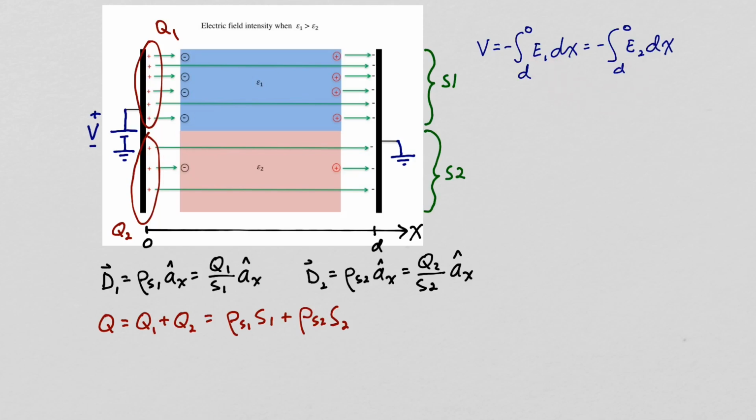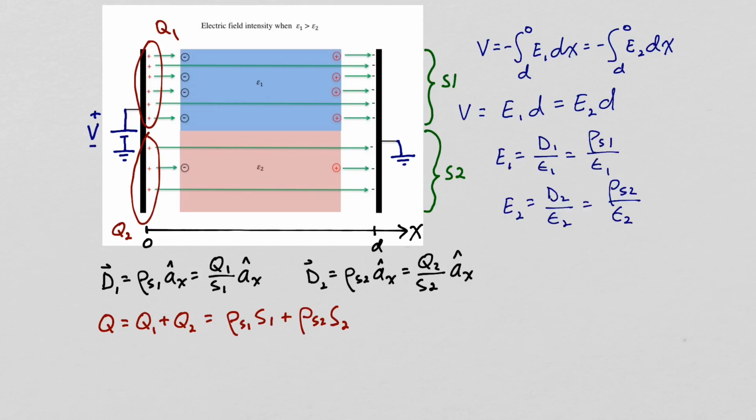So the voltage drop is just the electric field intensity times the spacing of the plates. The electric field intensities are just the electric flux density fields divided by the permittivities in the material, and we know that the electric flux density fields are just the charge densities on the plate.